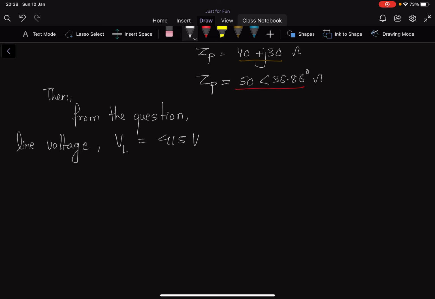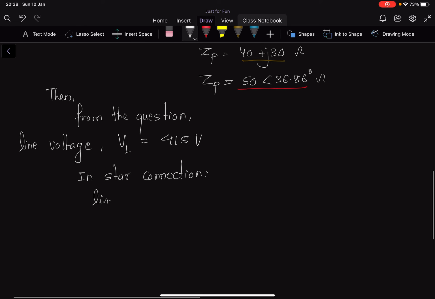But since it is a star connection, there is one characteristic of the star connection. In star connection, your line current, which I'm going to say is IL, equals phase current, which is IP.